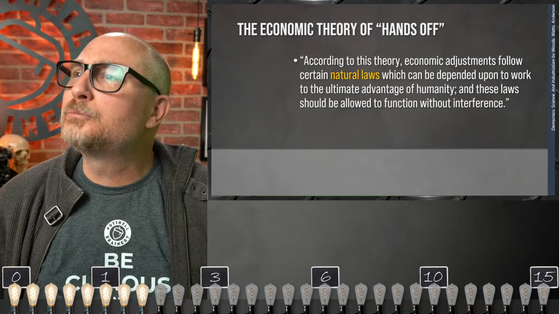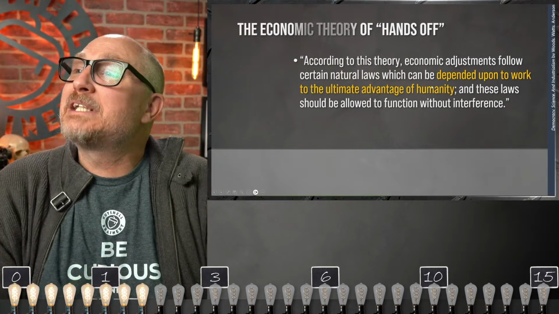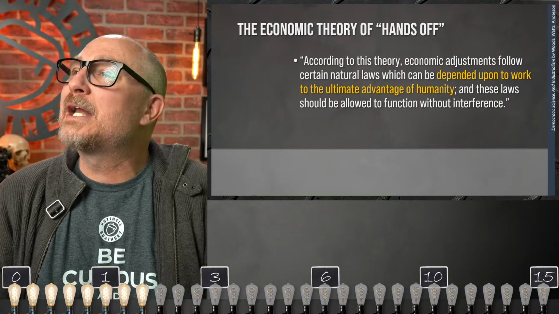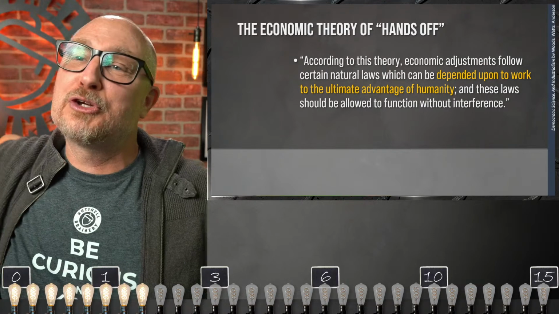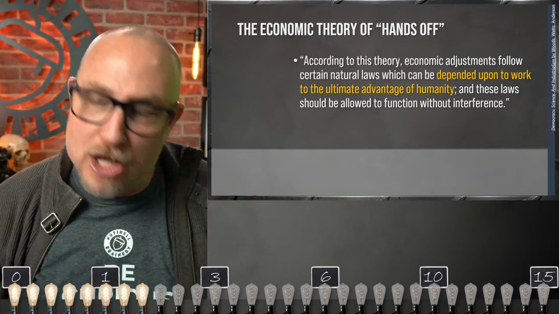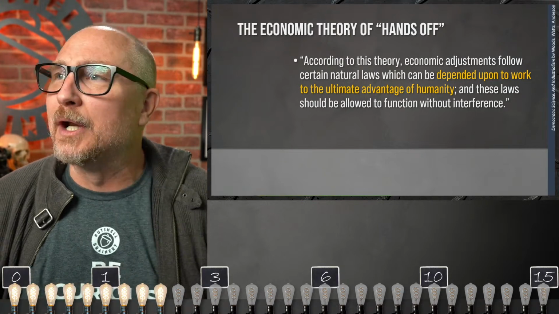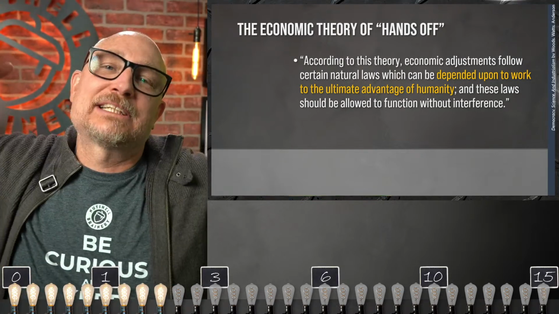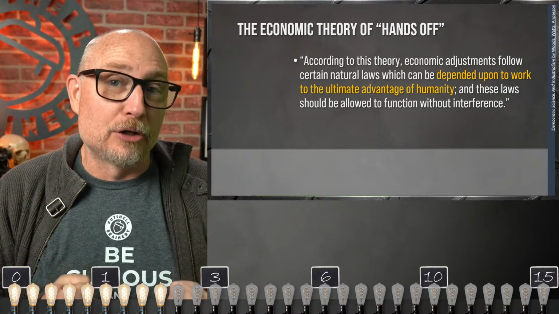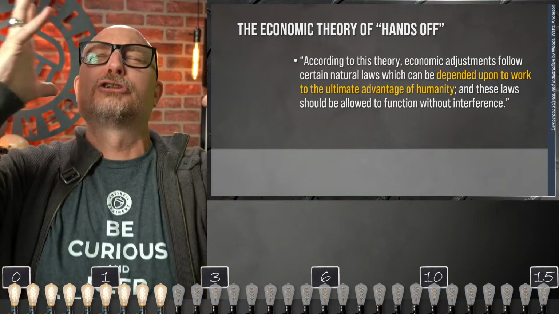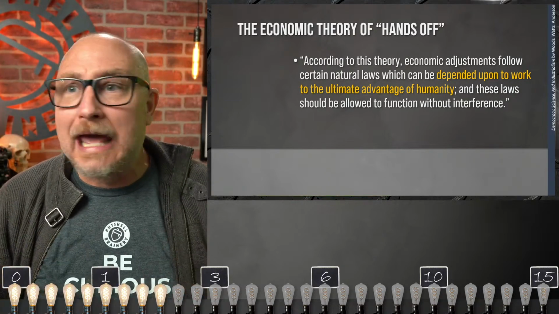Goes on to say these natural laws can be depended upon to work to the ultimate advantage of humanity. Jackson, untampered. That's a good way of looking at it. I like that one. Isn't it interesting that they would say can be depended upon to work to the ultimate advantage of humanity?